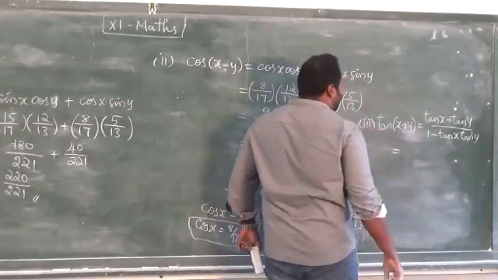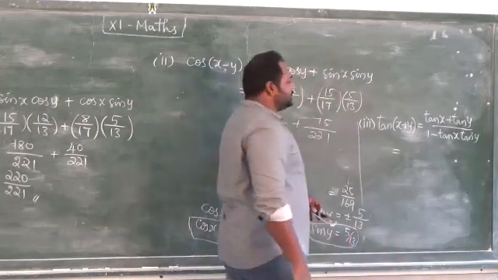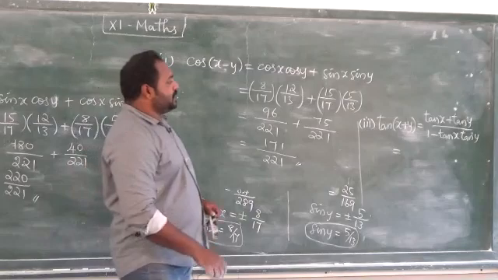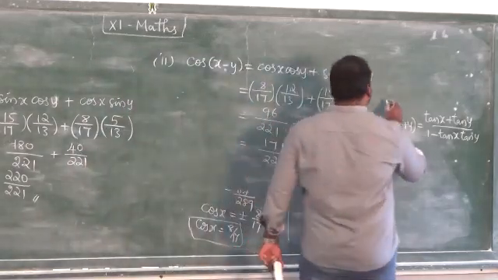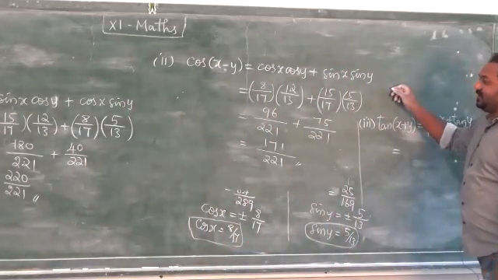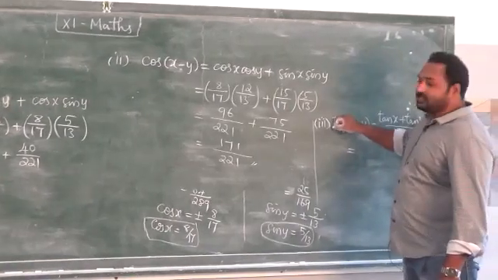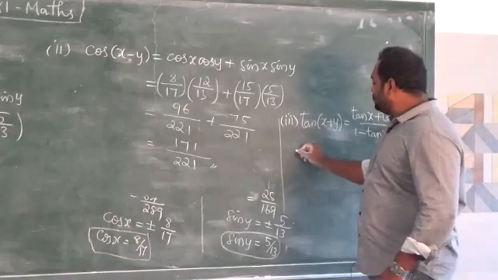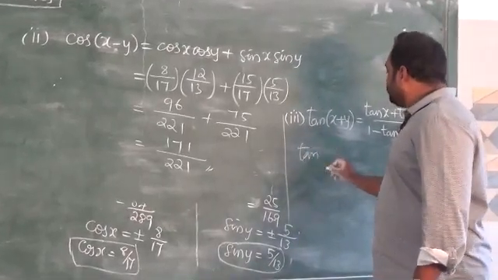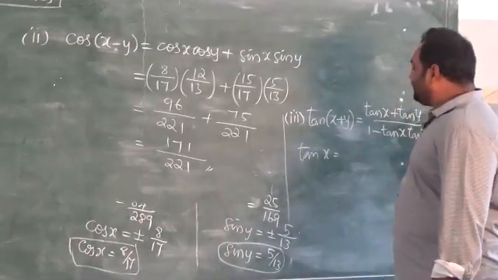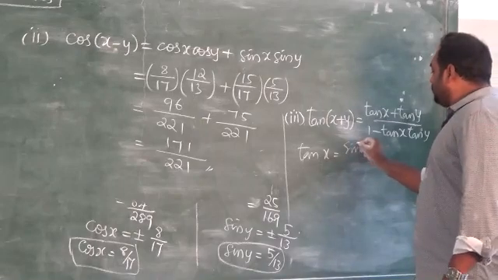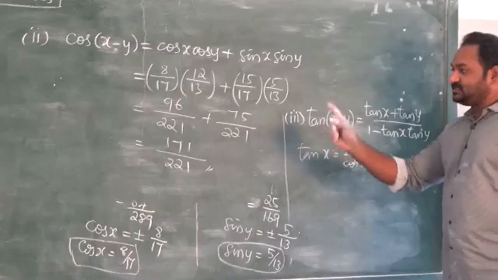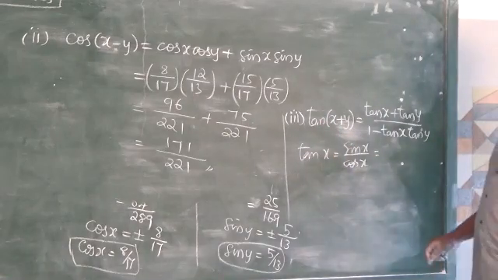So before applying this formula, we have to find out the tan x value and tan y value. Tan x value is sin x by cos x. By using the previous values we can find out the tan x value.